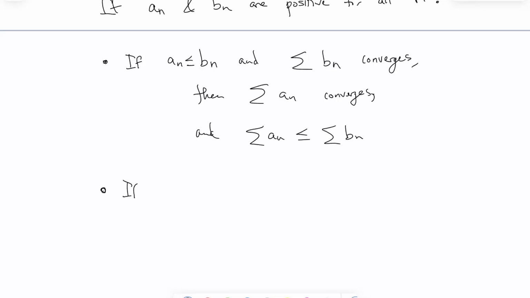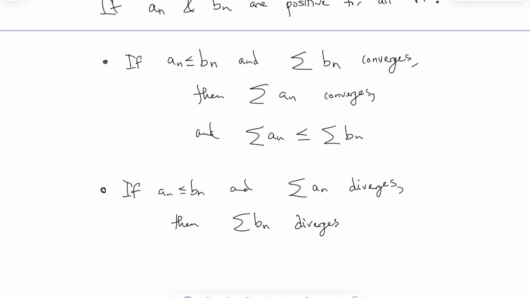So the next one will say also if a_n is less than or equal to b_n, and this time the sum of a_n diverges, I'm saying the smaller one diverges, then also the bigger one diverges. All right.